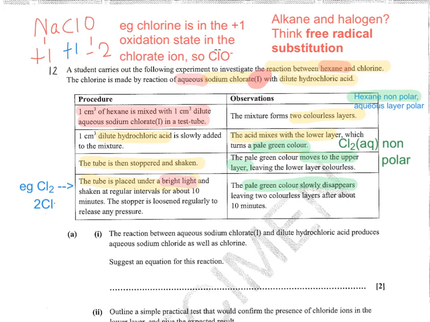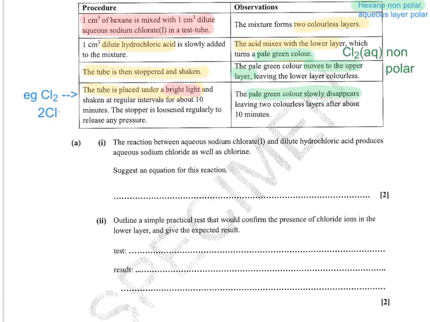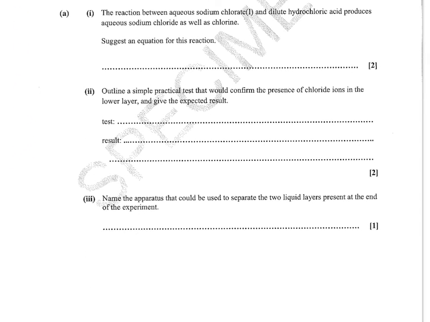So let's move the page up a little bit so we can make some room to start doing the rest of the question. Okay, so what have we got? The reaction between aqueous sodium chlorate 1, which we know to be NaClO, because we deduced that earlier, and dilute hydrochloric acid, which is aqueous sodium chloride, as well as chlorine.